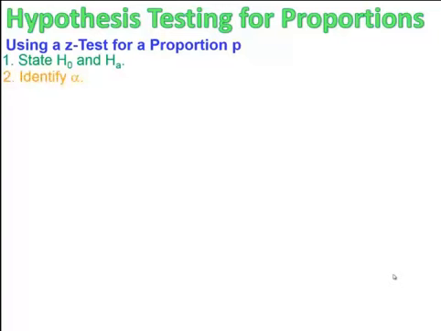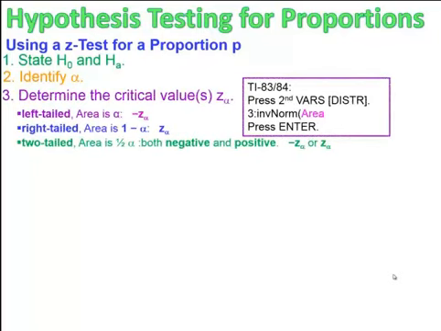You need to know what alpha is. Alpha gives us our critical value, and you're going to find that critical value using alpha. If it's left tail, it's going to be a negative z value. If it's right tail, 1 minus alpha, and that will give us a positive z value. If it's two-tailed, you need to divide alpha by 2, and that would be the area you would look up in the calculator. That would be our critical value.